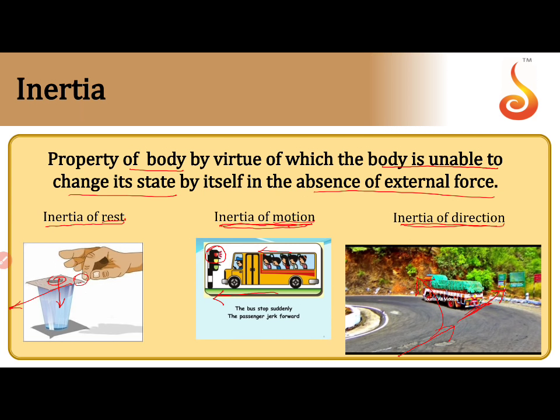There are three types of inertia: inertia of rest, inertia of motion, and inertia of direction. Inertia is nothing but a property of a body due to which the body by itself is unable to change the state of rest or motion without the help of an external force.